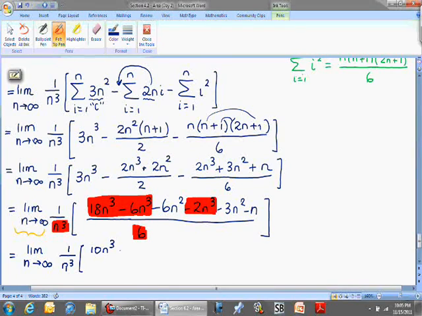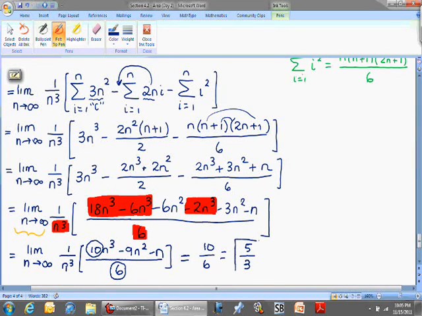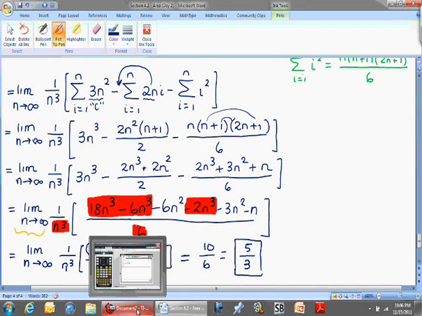Remember, I have 10n cubed, and really the rest of that I'm writing is just not real important, because now I'm focused only on this value and this value. 10 divided by 6, or 5/3. And that is the actual area that lies under this curve. And we could probably verify that if I took a look here.